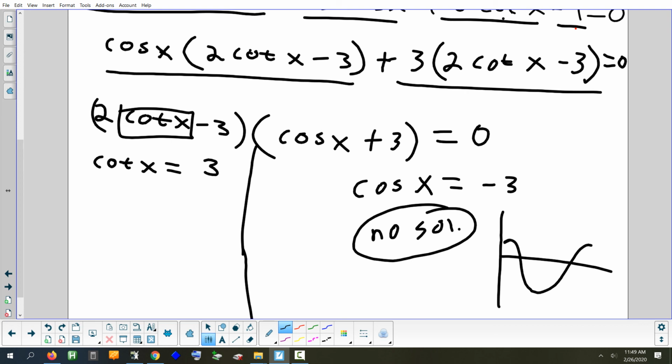Yeah. You divide it. Now we want to get x by itself. So how do you cancel out the cotangent function? Inverse cotangent. If you had a button for it on your calculator, you would want to use inverse cotangent. There is no button for that on the calculator. It would be 1 over inverse tangent.